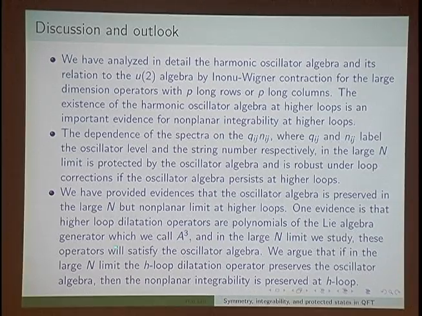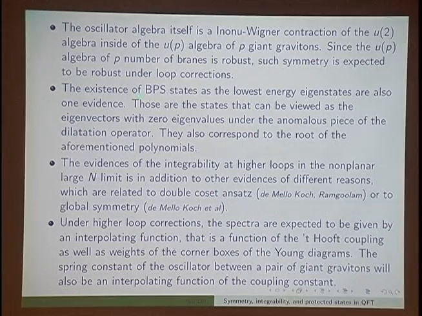There are two pieces of evidence. One is that the high-loop dilatation operators are polynomials of the generator A3 in the large n limit. Because of this, they satisfy the same oscillator algebra, but with different eigenvalues. Another is that there exist BPS states as the ground states of the system. They also correspond to the zeros of the polynomial, because the polynomial will annihilate the BPS states. This is the second evidence.